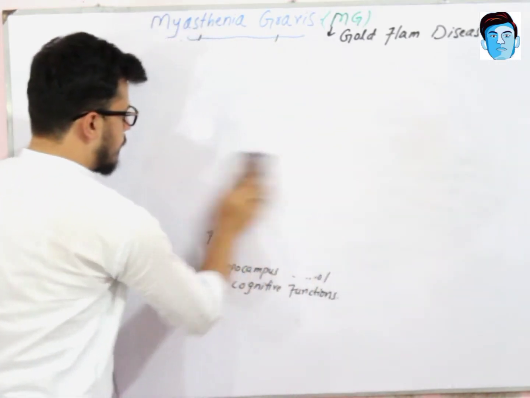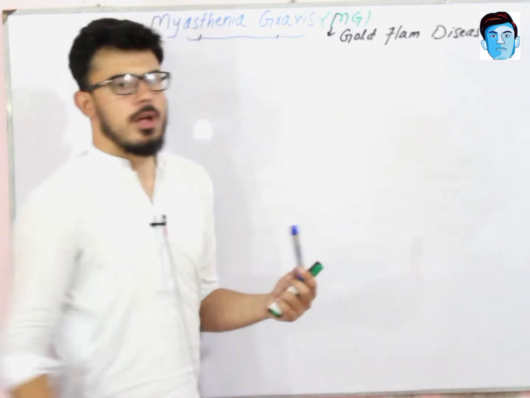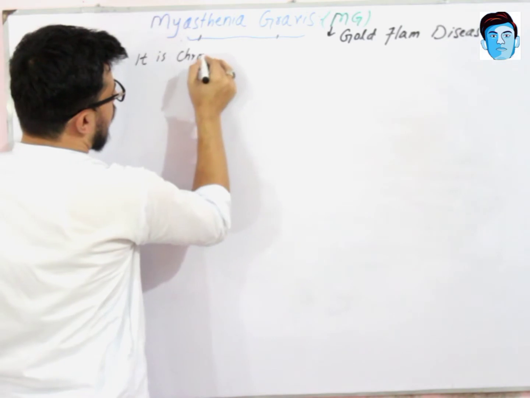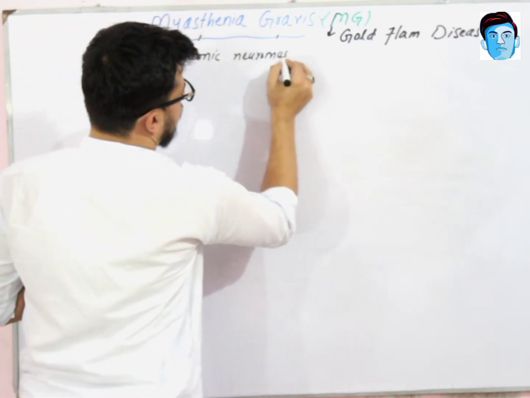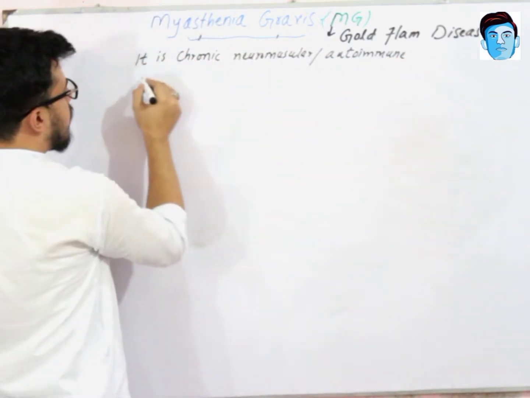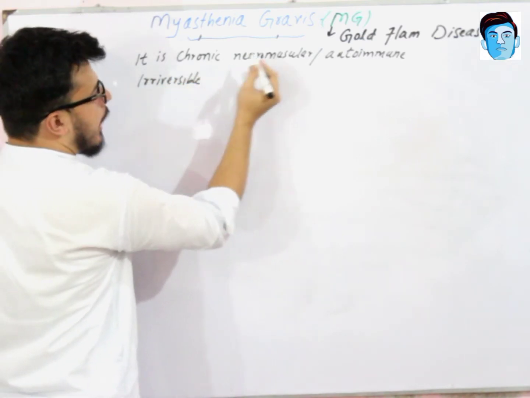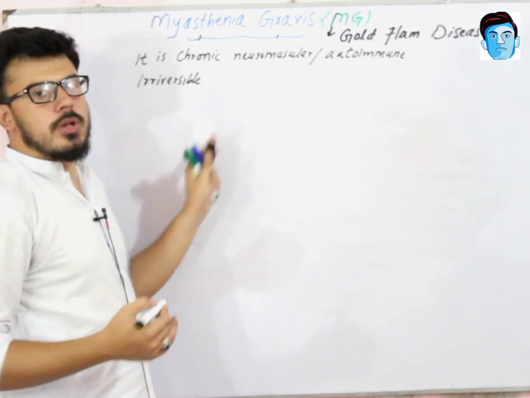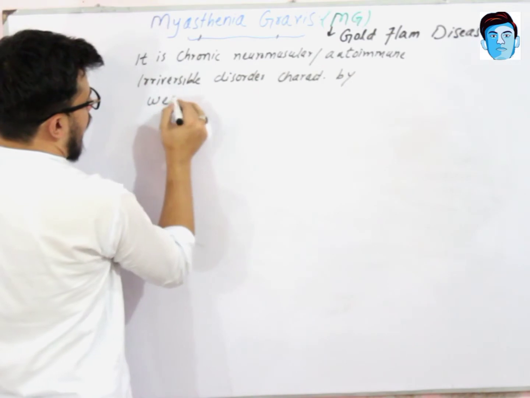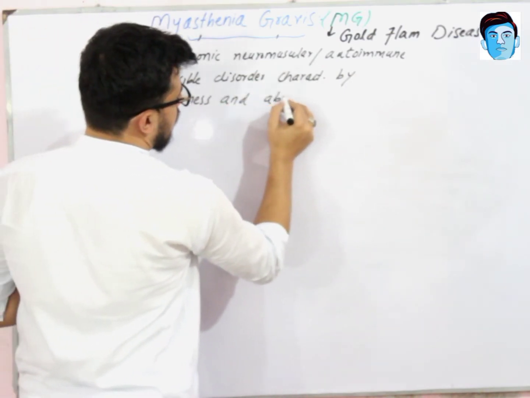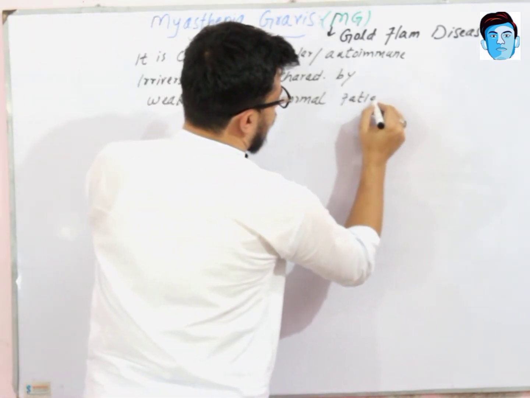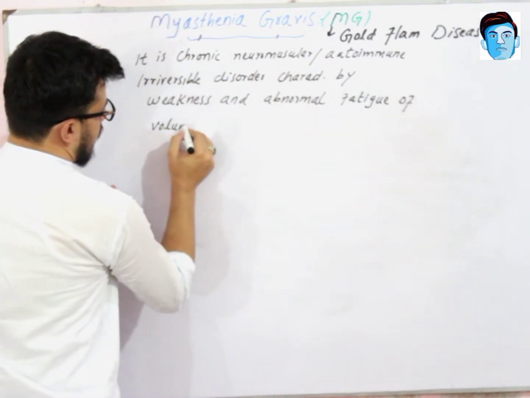Actually it is a chronic neuromuscular or autoimmune disorder, also an irreversible disorder, characterized by weakness and abnormal fatigue of voluntary skeletal muscles.